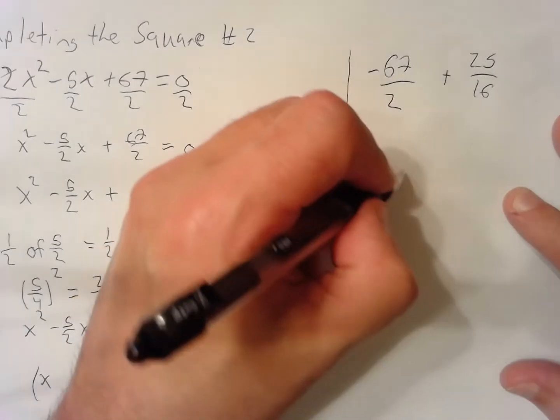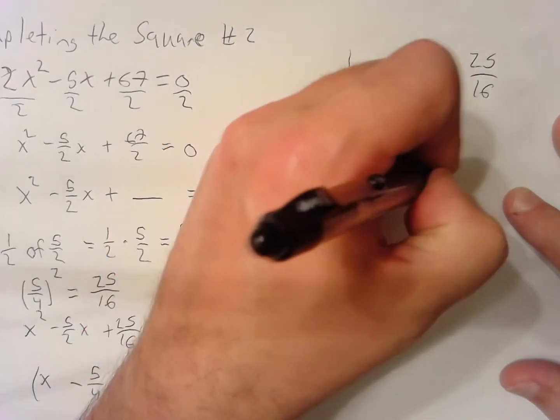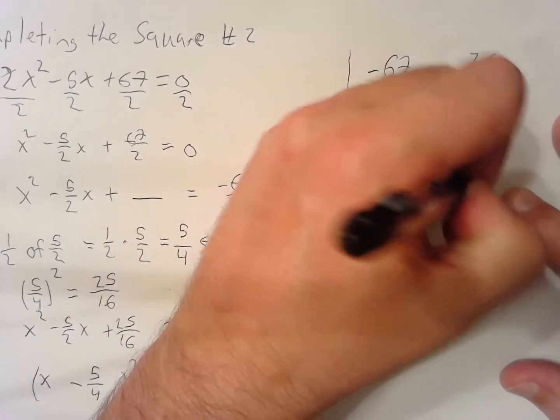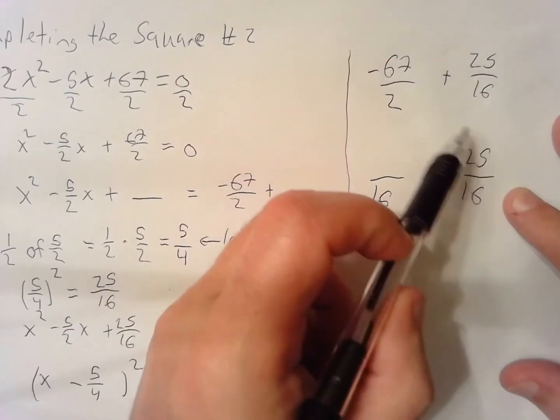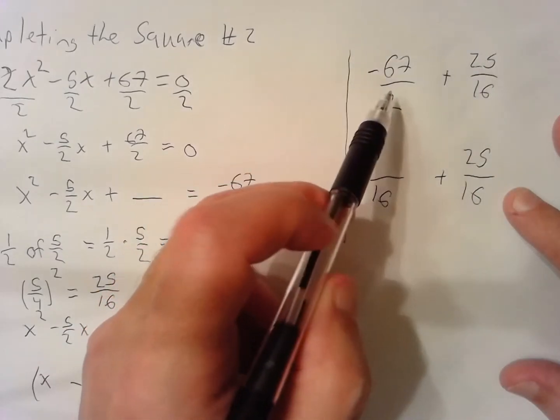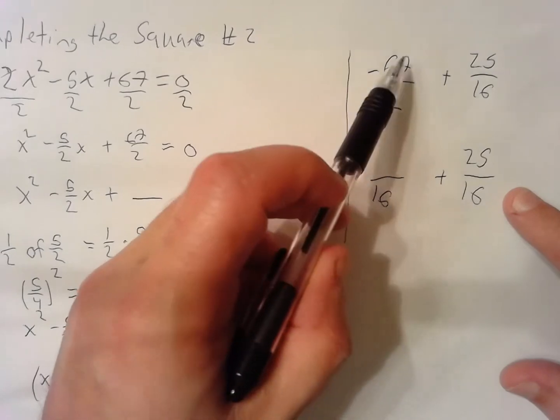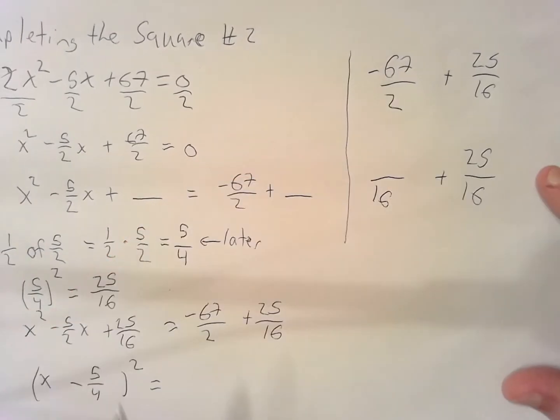I need a common denominator, which is 16. The second fraction's good. It's already got 16. The first one, I'm going to have to multiply top and bottom by 8. So I'm going to use my calculator really quick. 67 times 8, 536.